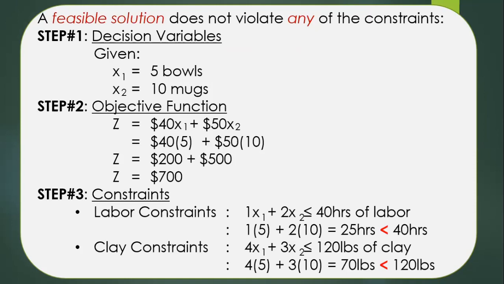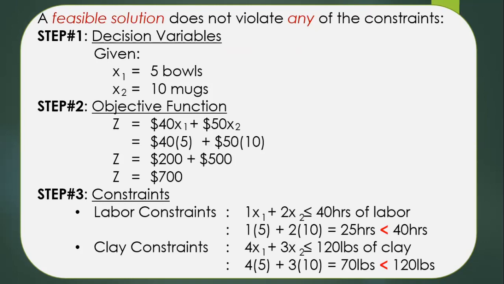Now, let's calculate whether or not we violate our clay constraint. Remember, our inequality under the clay constraint is 4 times x sub 1 plus 3 times x sub 2 less than or equal to 120 pounds of clay. And remember, we should not exceed our capacity of 120 pounds for it to be considered feasible.